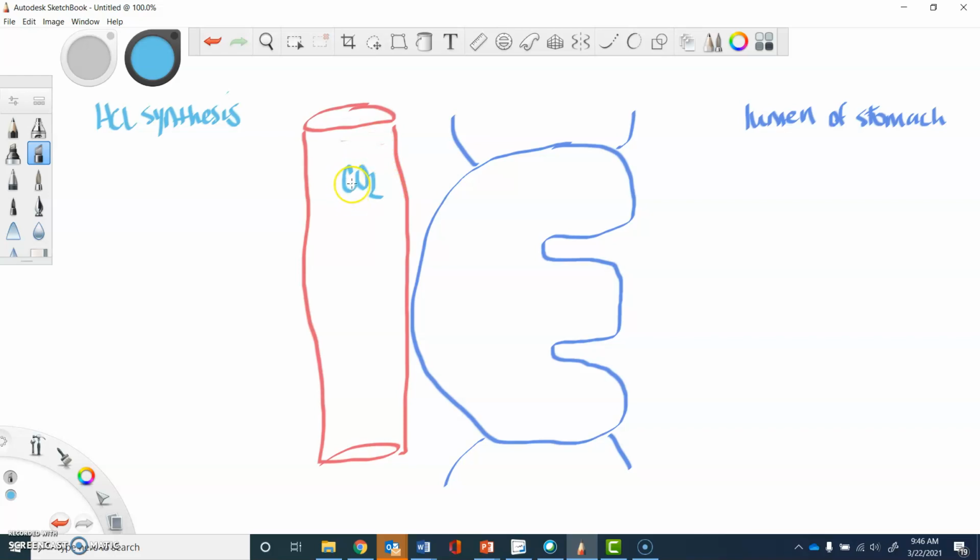Okay, and carbon dioxide we have in the blood, and it comes into the cell, and this of course is the parietal cell, which we know makes the hydrochloric acid, and the parietal cell takes in the carbon dioxide and makes the constituents that we need to make hydrochloric acid, which is hydrogen and chloride.